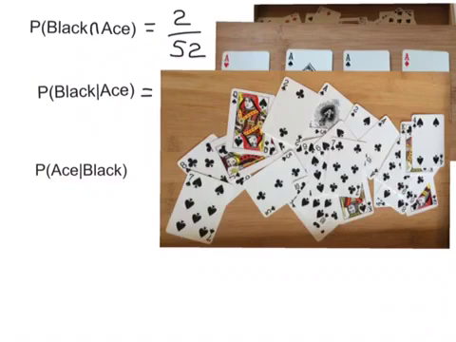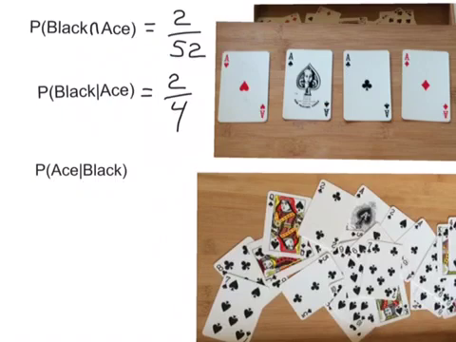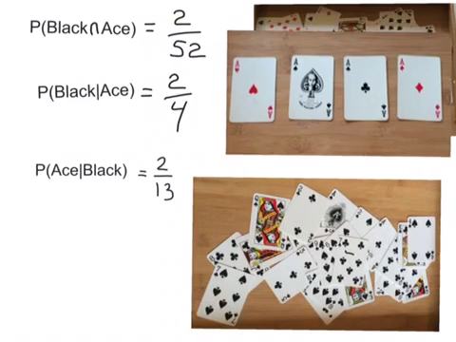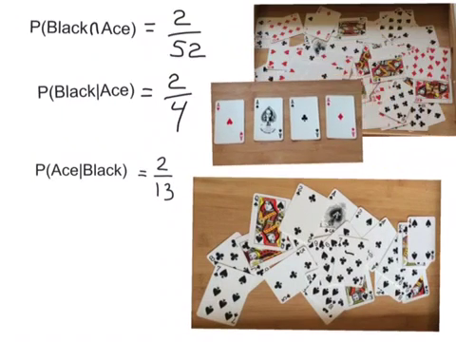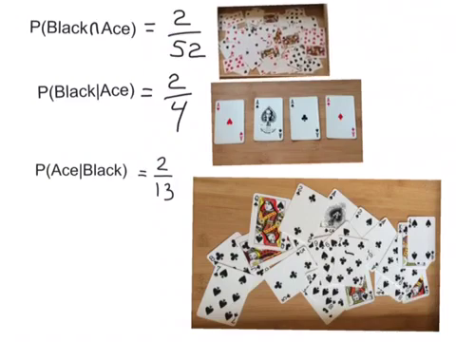How many are aces? Well, 2 out of the 13. So I'll write that down. And there we go. Those are the 3 situations.